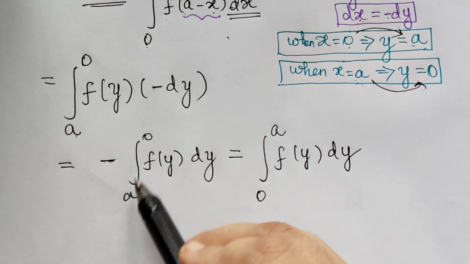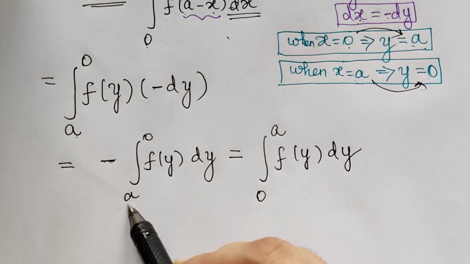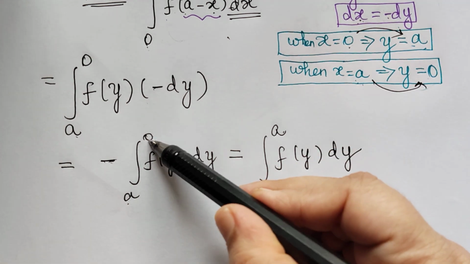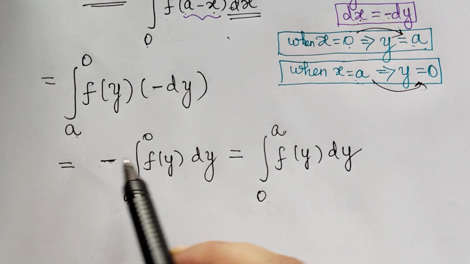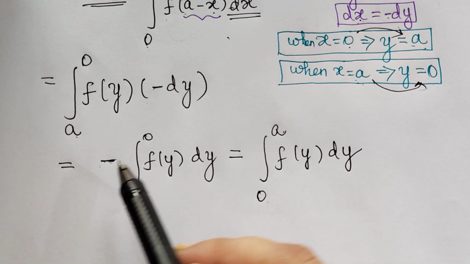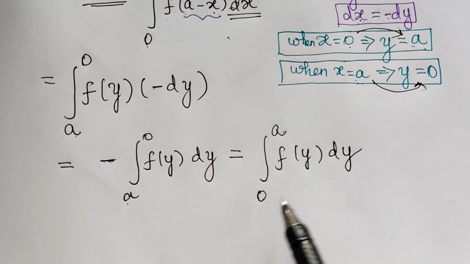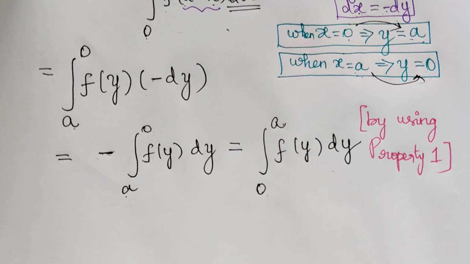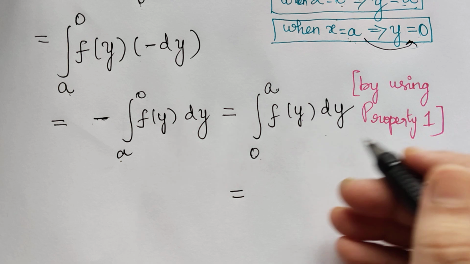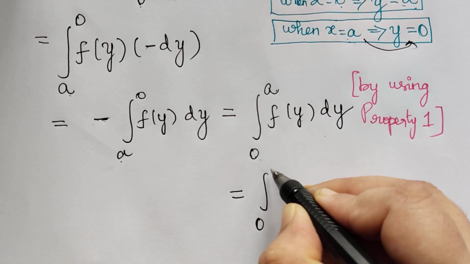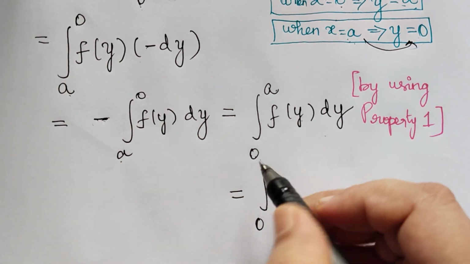So remember, I have flipped the limits here. That is, the lower limit has become the upper limit and the upper limit has become the lower limit. Because of this, the minus has vanished, by using property 1, you can refer to it. Further, I have also told you that in definite integrals, a variable can be changed to another variable as it is without any change of other properties.